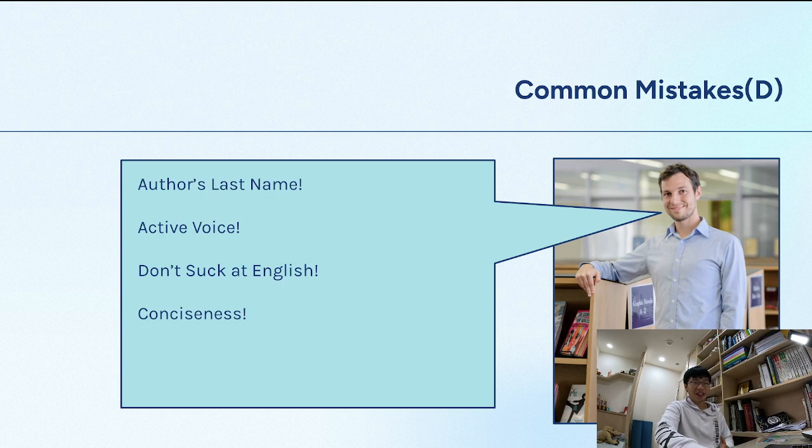And lastly, for criteria D, just adhere to your standard English conventions, your grammar, use good vocabulary, and be concise. I mean, just try to get better at English, and with a lot of practice, I think everybody can improve on their English capabilities.